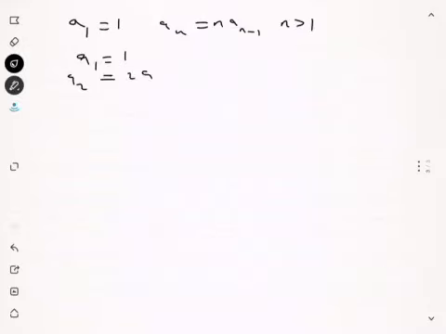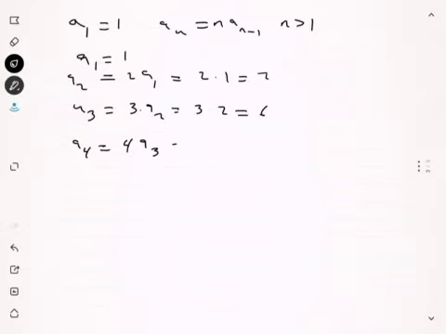And this is 2 times a1, which is 2 times 1, which is 2. A sub 3 is 3 times a2, but a2 is 2, so this is 3 times 2, which is 6. A sub 4 is equal to 4 times a sub 3, which is 4 times 6, which is 24. And this gives rise to the sequence n factorial.